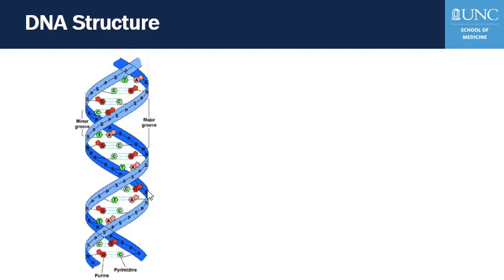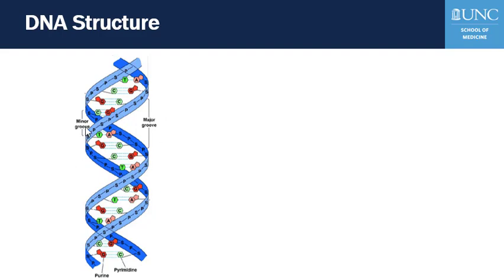So DNA has this double helix shape, which is like a ladder twisted into a spiral. The sides of this ladder in blue are a sugar phosphate backbone, and each step or rung of the ladder is a pair of nucleotides. So in this image, we can see the locations of the major groove and the minor groove in the DNA molecule.